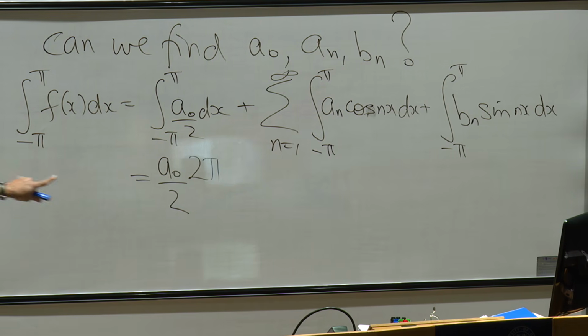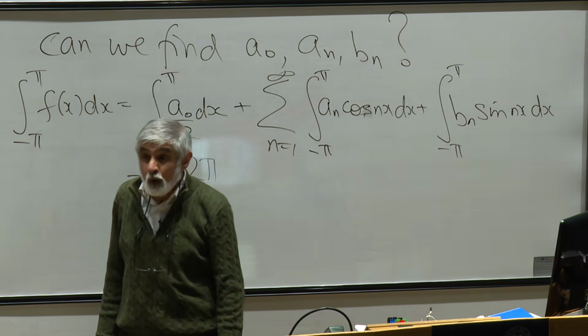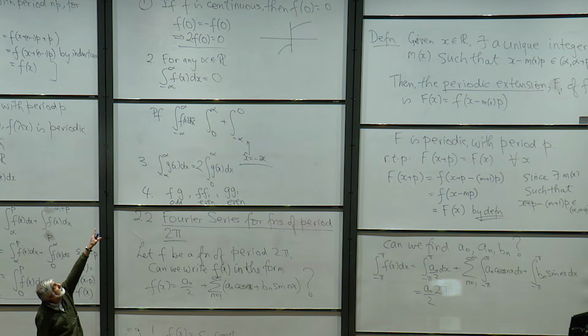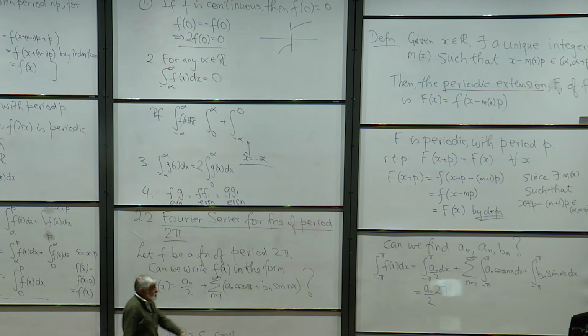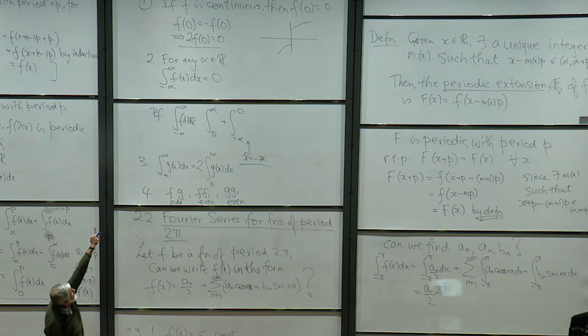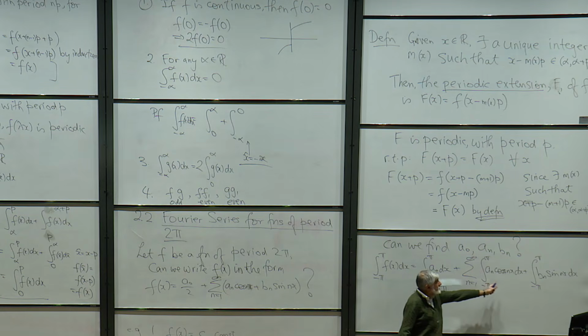What about this here? Sine nx is odd, so the integral from minus pi to pi is 0. From up there, take alpha to be pi. So these all disappear. Okay?